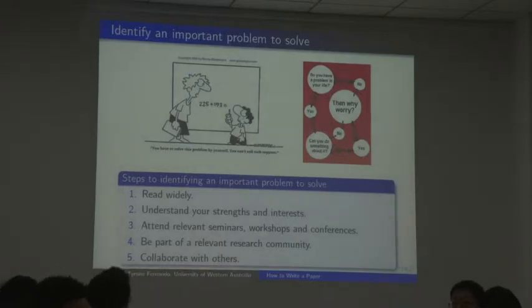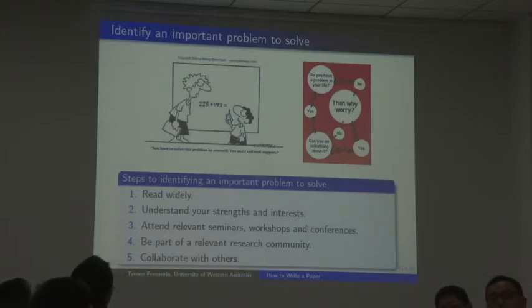You are not the only smart person. So collaborate with others, and then you can exchange ideas. All these will help you to identify an important problem, because only when we identify an important problem, we can solve it and we can write about it.